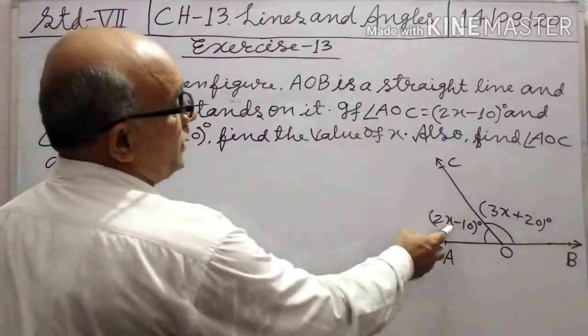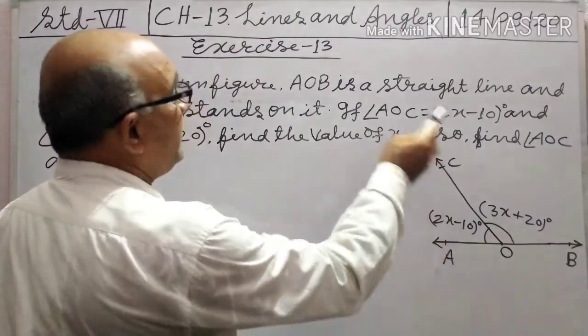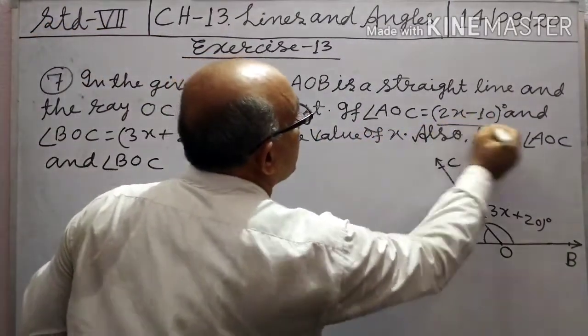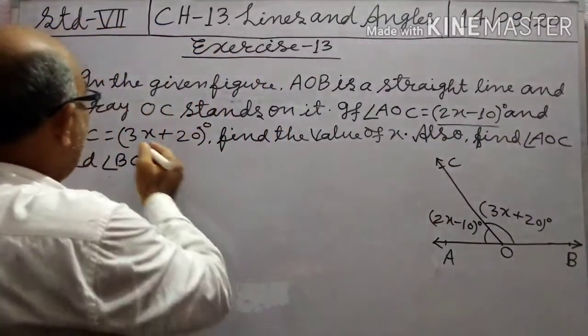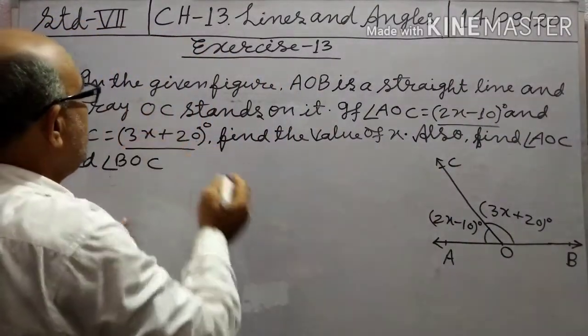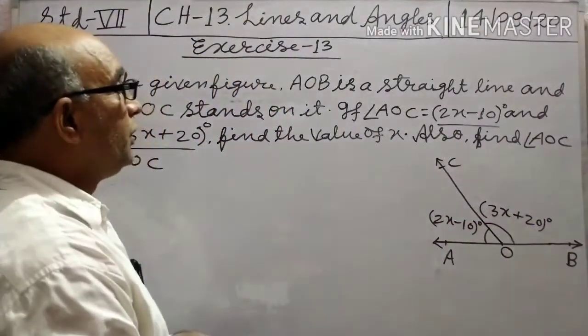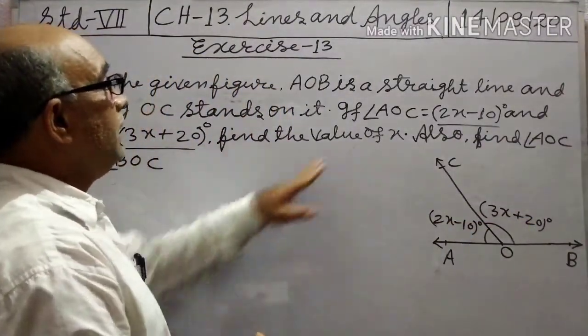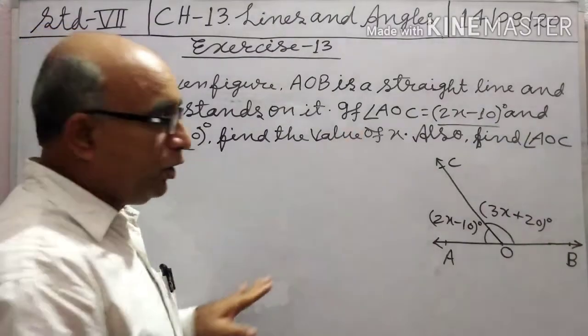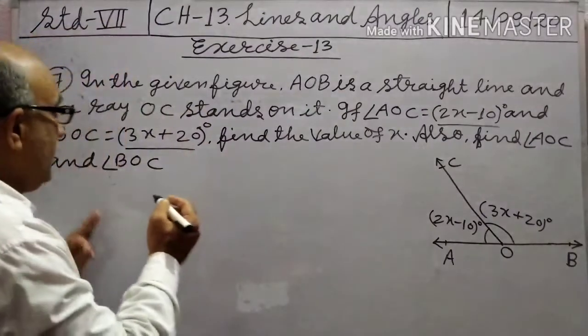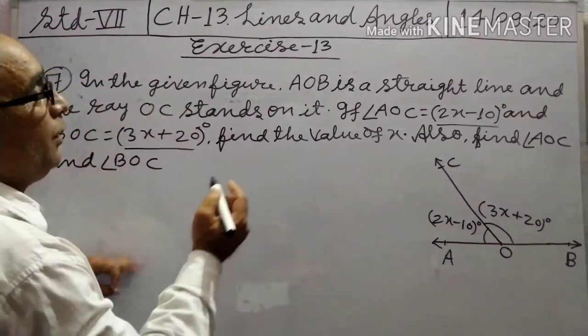If angle AOC equal to 2x minus 10 degree and angle BOC equal to 3x minus 20 degree. Find the value of x. Also find angle AOC and angle BOC. First of all, find the value of x.